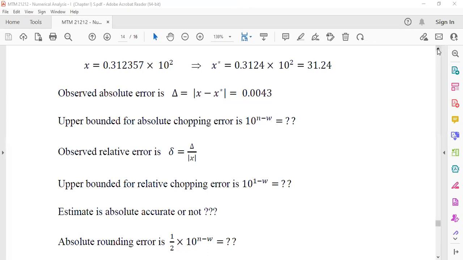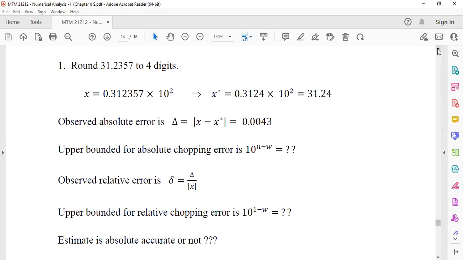So what is our W? Yeah. What is our W? What is our N? Yes.